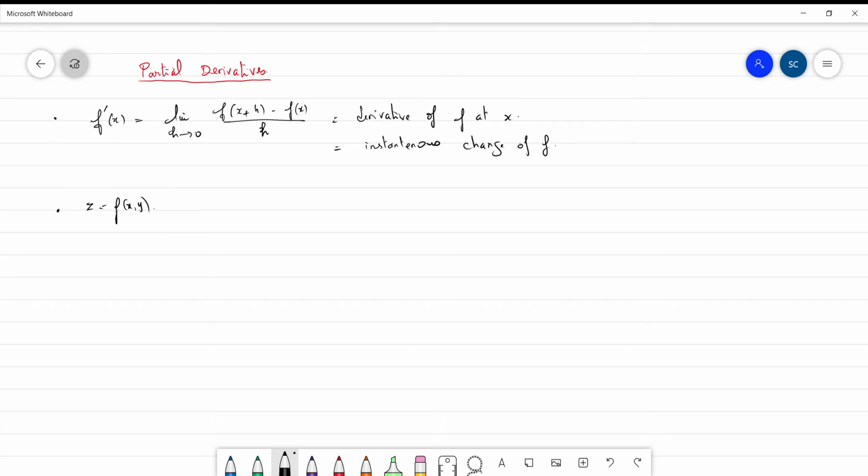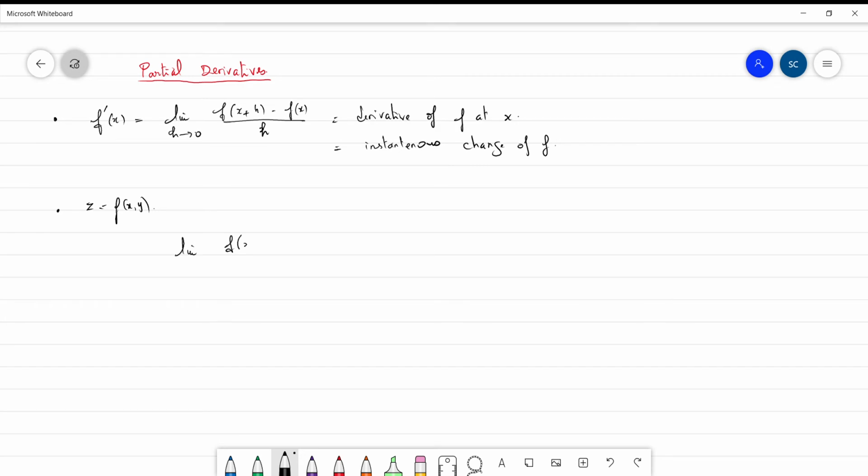But here the problem is that I'm having two variables. So we can say, why not fix one of them and see how f is changing? Why not? We can then form the ratio and these limits.